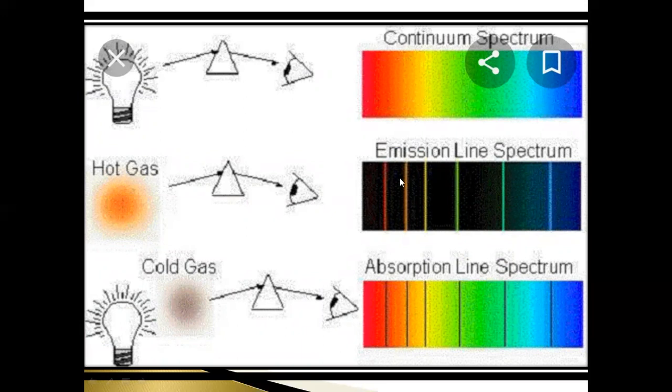But if the electrons are not emitting energy continuously, we will get a line spectrum. Bohr, another scientist who was a student of Rutherford, performed experiments and observed that the spectrum obtained is not continuous, it is a line spectrum. It means that the electron does not emit energy continuously.